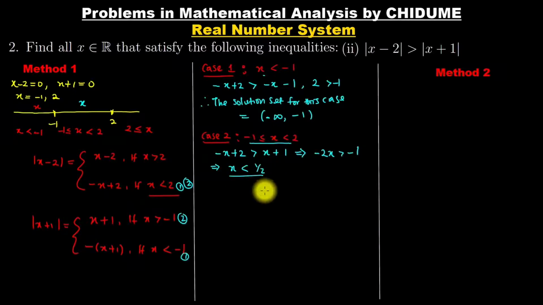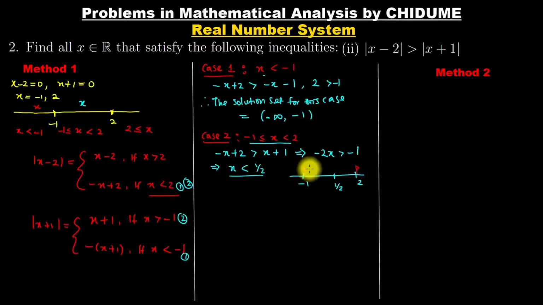So let me try to plot it on the real line to find the solution set. Here we have -1 and we have 2, and we have 1/2 here. These are just the points. For the first condition, we have -1, closed at -1 but open at 2.